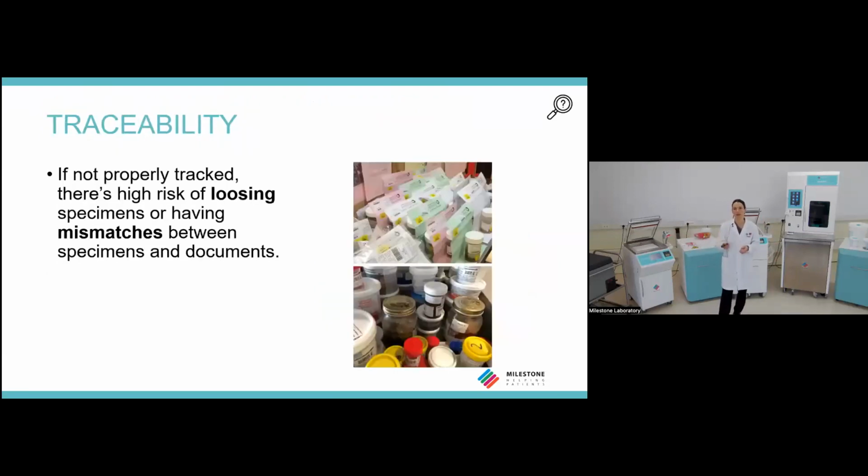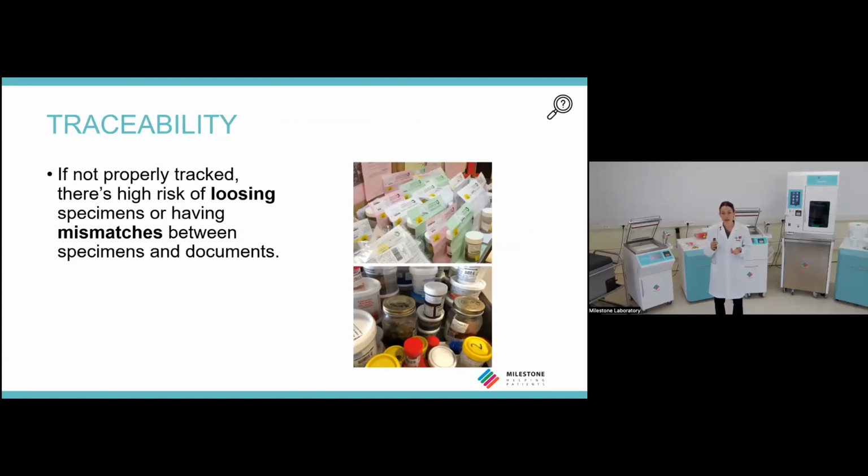Traceability. Here I have reported for you some examples of how the specimens are now received, of course without any standard method. Sometimes, as reported here as an example, they use containers that are not proper containers, with labels attached everywhere.